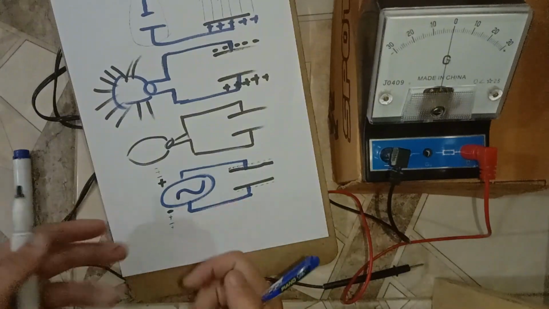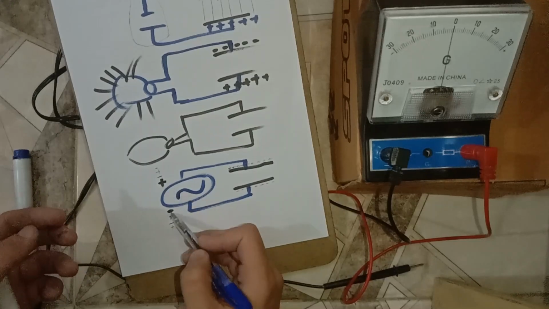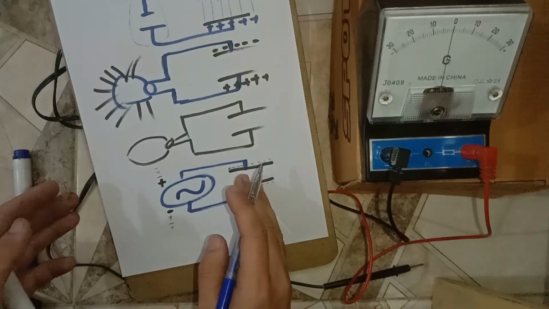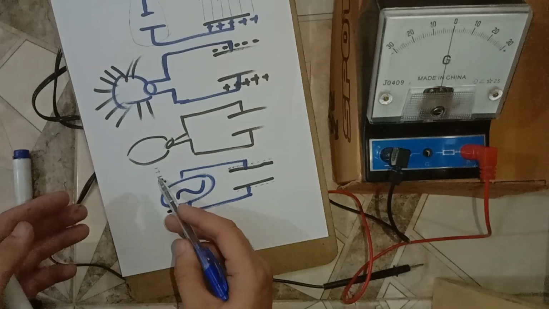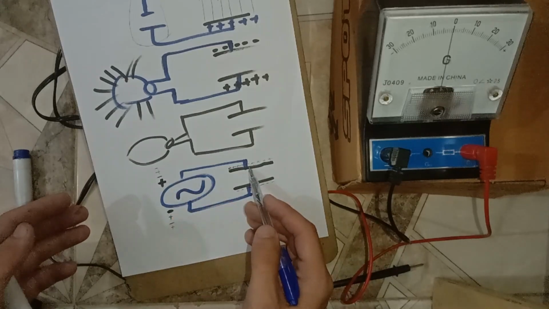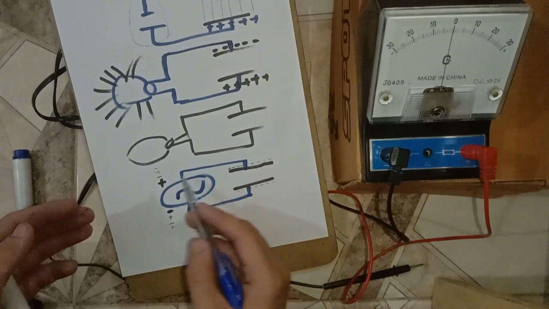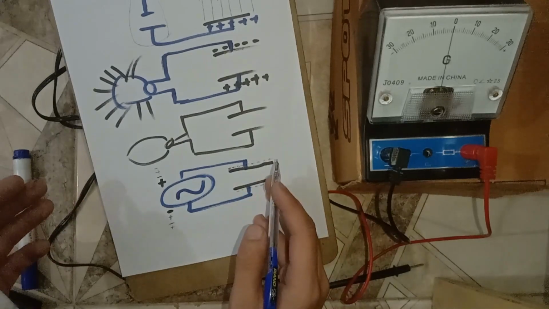So from here we conclude that when this becomes the positive and this becomes the negative, the capacitor will be charged. If it changes its polarity and this becomes the negative and this becomes the positive, the negative charges will flow here, and these charges will be neutralized due to that negative charge, and now the capacitor has discharged.